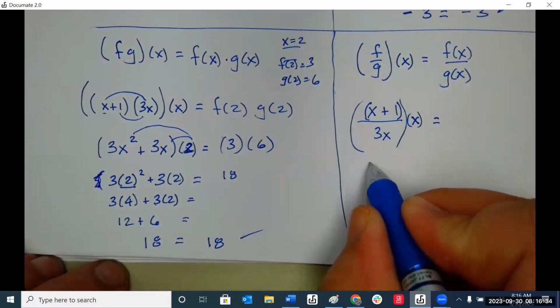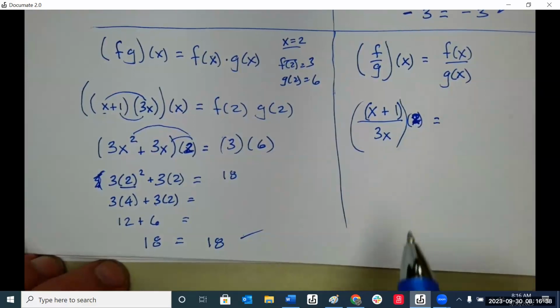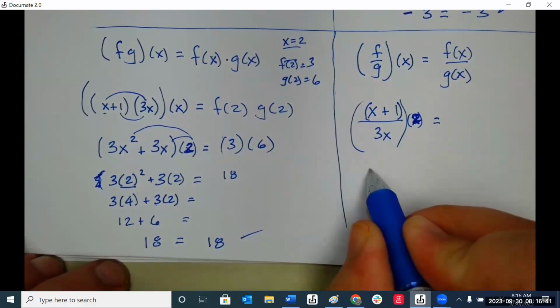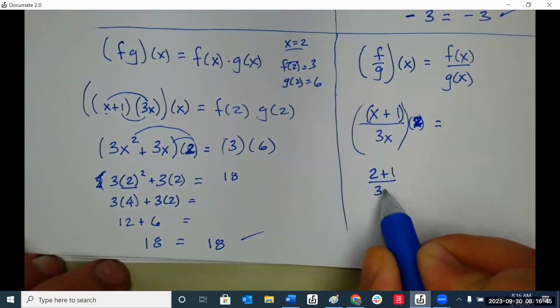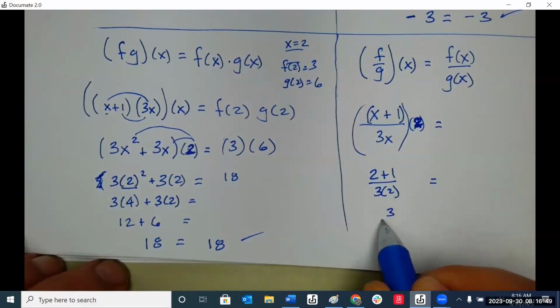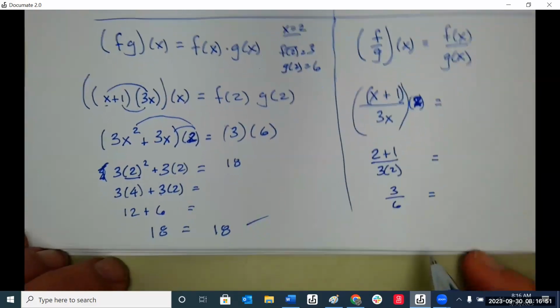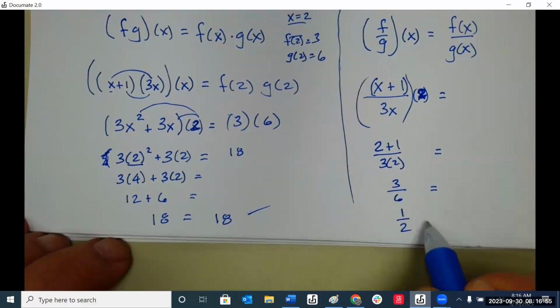So since nothing can simplify there, we're going to do it when x is 2. So anywhere we see an x, we put a 2. 2 plus 1 over 3 times 2. Three over 6, and you can simplify, so it makes it 1/2.